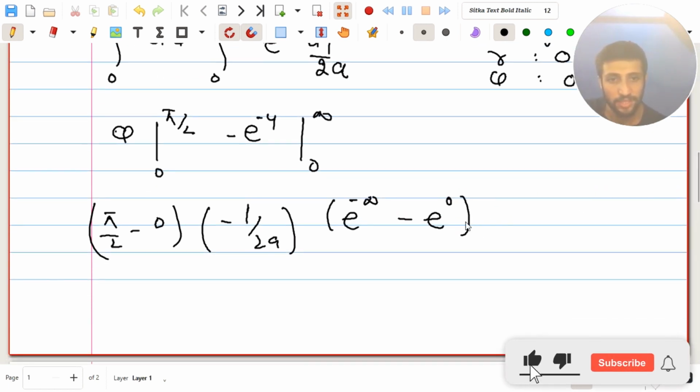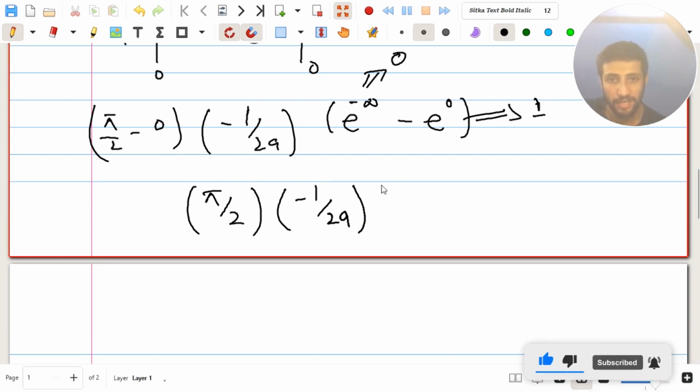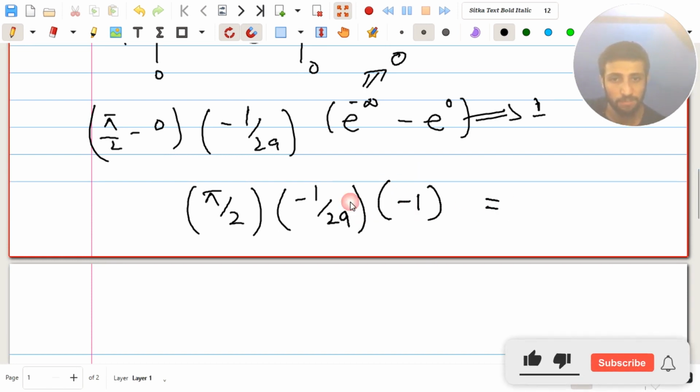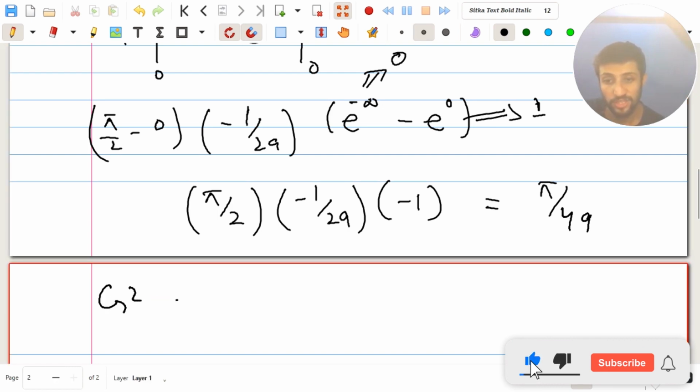As I know that e to power 0 is equal to 1 and e to power minus infinity is equal to 0, I get pi over 2 times minus 1 over 2a times minus 1, which gives pi over 4a. So this pi over 4a is equal to g square.